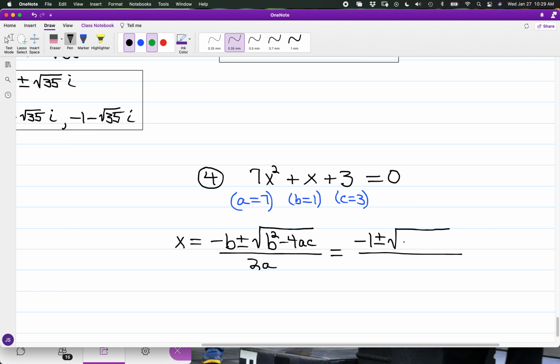So b squared is 1 squared, minus 4 times a times c, where a is 7 and c is 3, all over 2a, so 2 times 7.